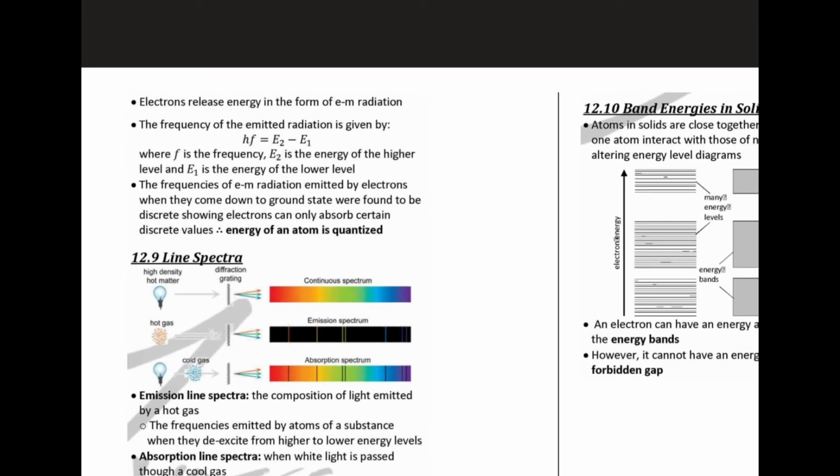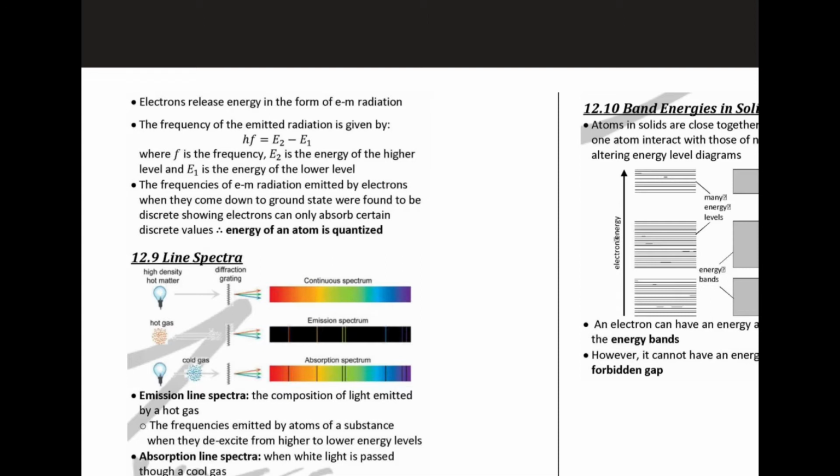On this page, you can see electrons release energy in the form of electromagnetic radiation. If you still remember the diagram just now, I drew an arrow which goes up.